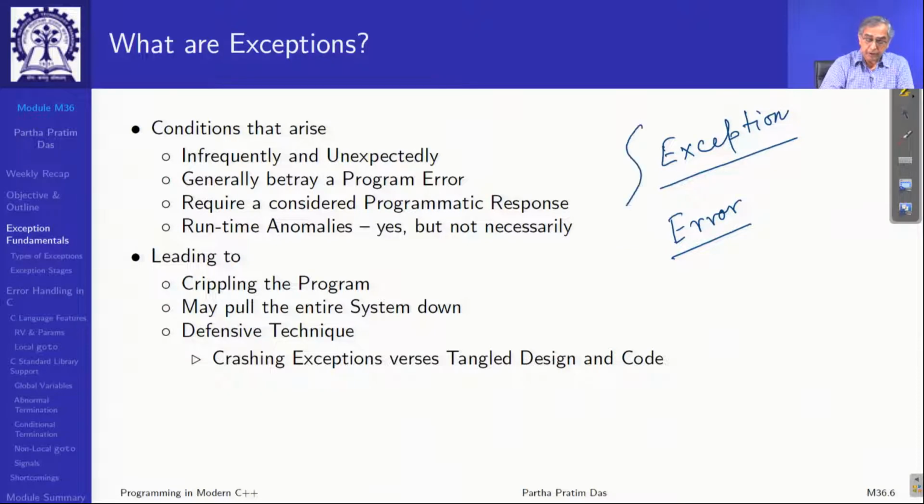Now, this dichotomy of terms continues to remain because as C evolved, the separate notion of exception, separate from the normal programming error, was not there. So, in C you will find that all kinds, whether it is your programming logic error, an error due to data being too large or too small, or an error because something has gone wrong in your hardware, somebody has pressed Control C or anything, were all treated as errors.